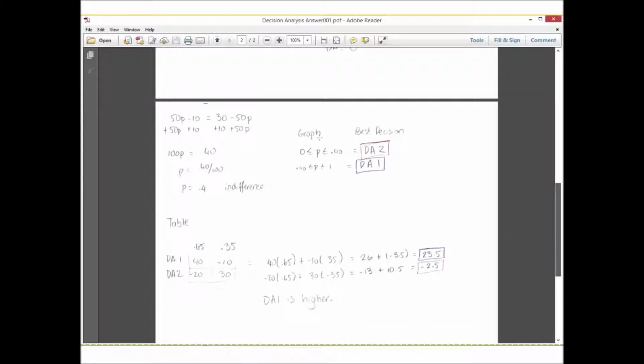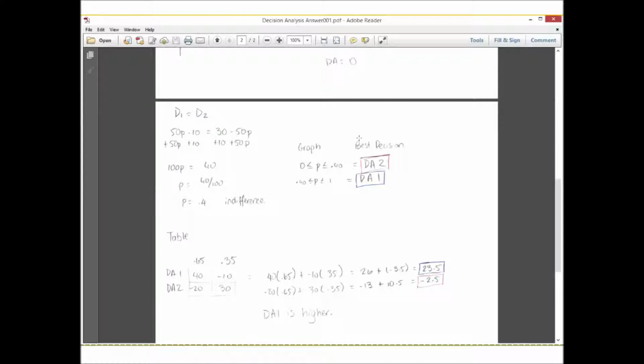She could say, hey, what are the best times to go with decision alternative 2? And you could say if P is between 0 and 0.4, it's best to go with decision alternative 2. But this is a structure of decision analysis or sensitivity analysis, however you want to talk about it. And this will allow you to answer any questions given to you from here.